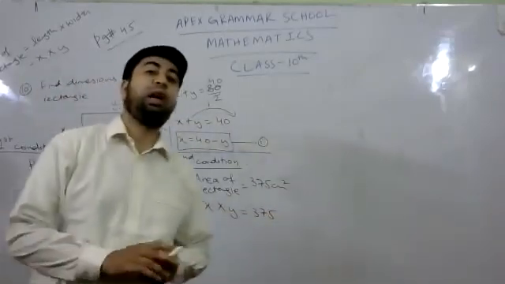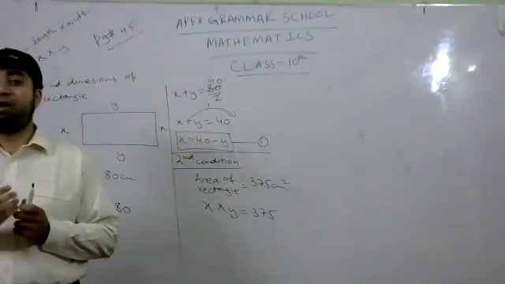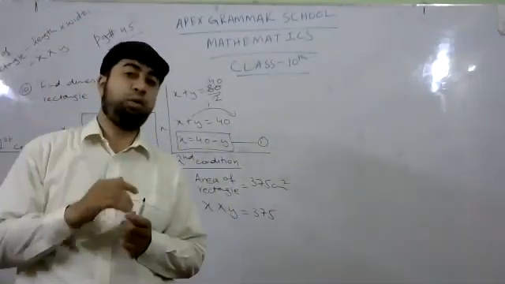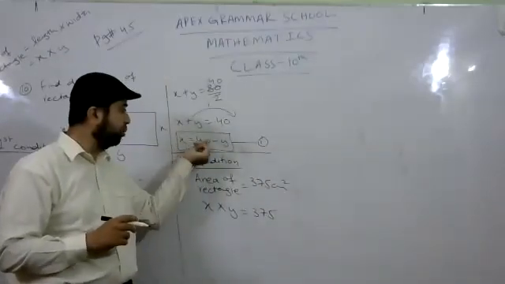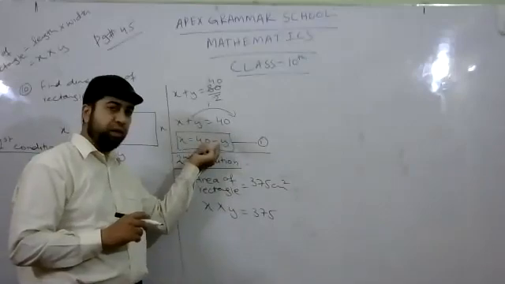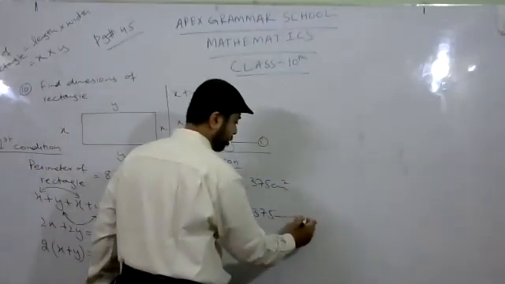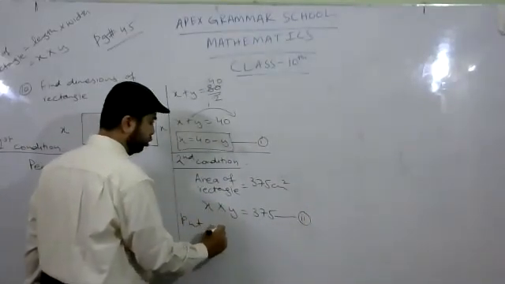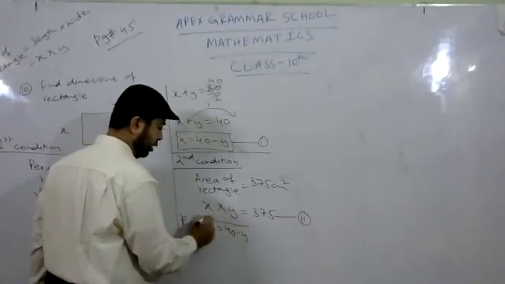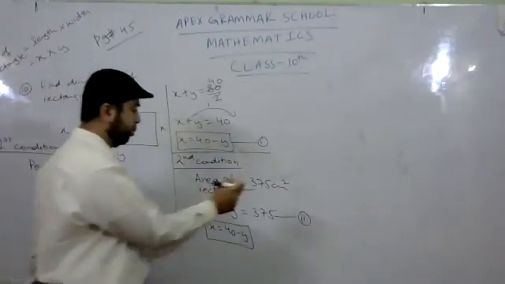So still we don't have any value of x or y, but we can find it according to the previous condition. We have this value of x, that is 40 minus y. So we can put this value of x inside this equation. This is equation number 2. So put x is equal to 40 minus y in equation number 2.